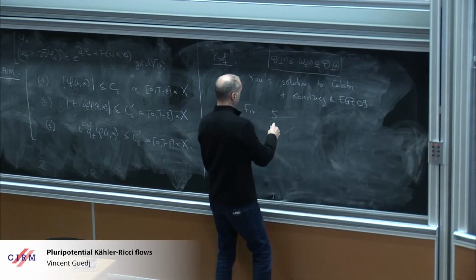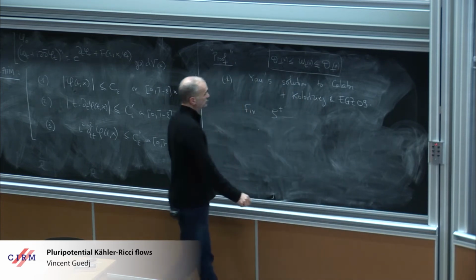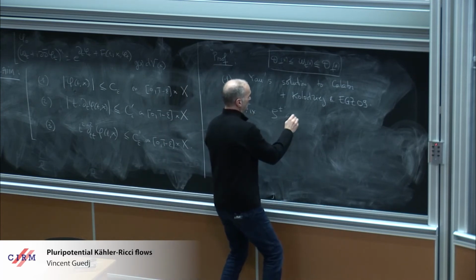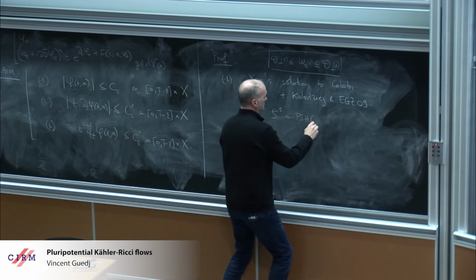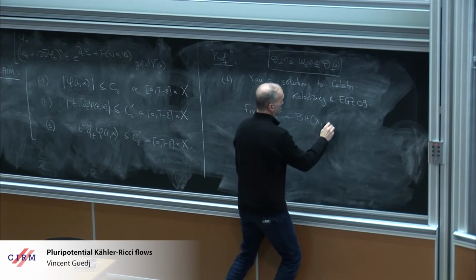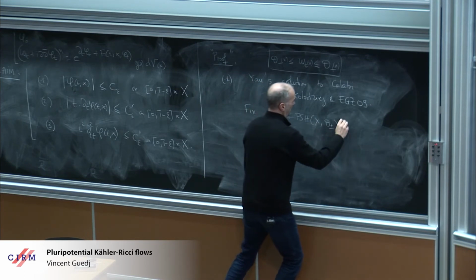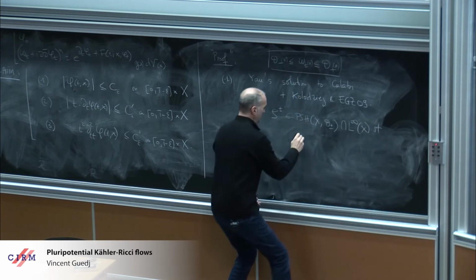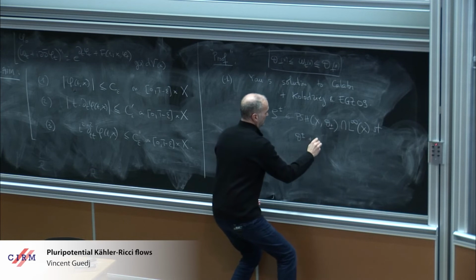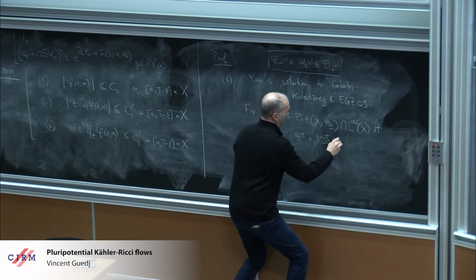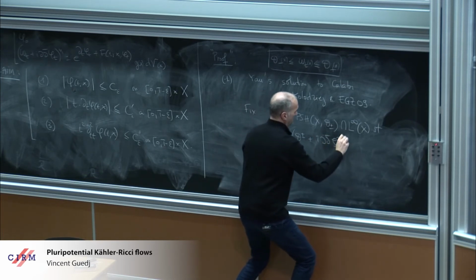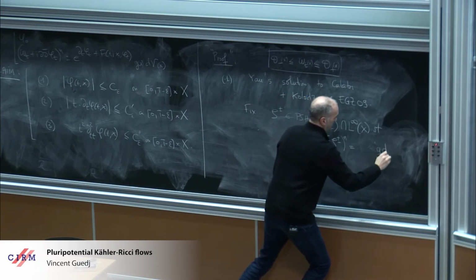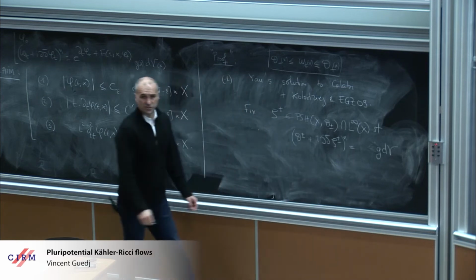And by Yau's solution to the Calabi conjecture, you can fix some potential, rho plus or rho minus, pluripotential with respect to this form, and bounded such that theta plus minus plus i dd bar of rho plus minus to the n solve the equation Monge-Ampère equals g dV.